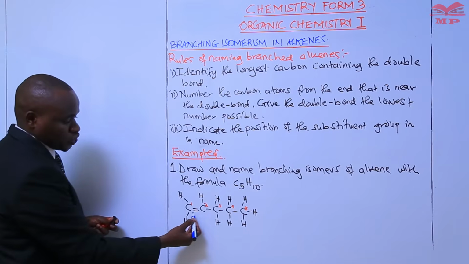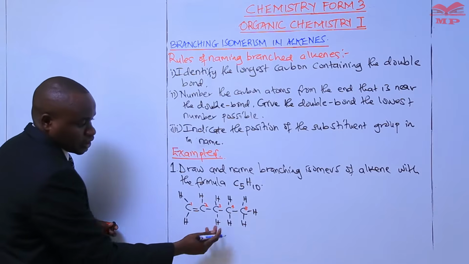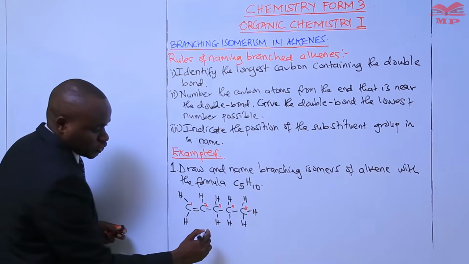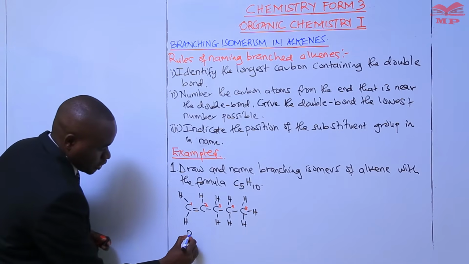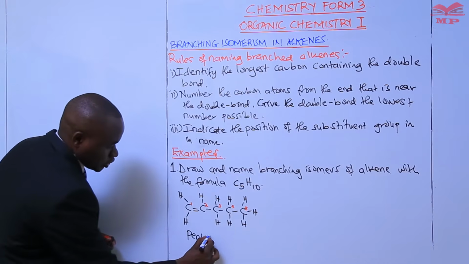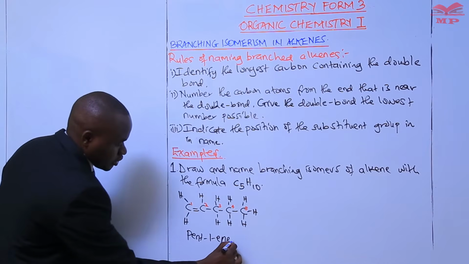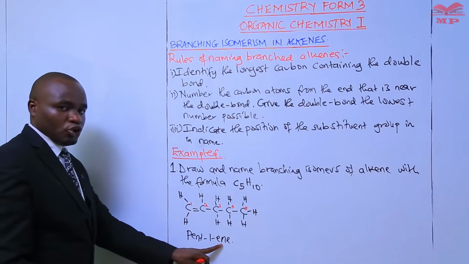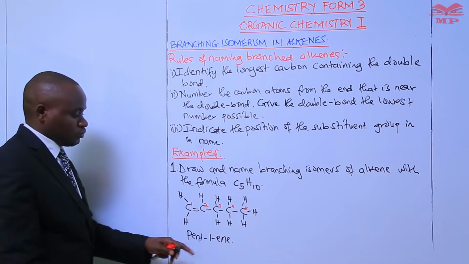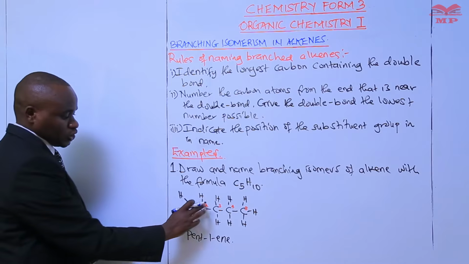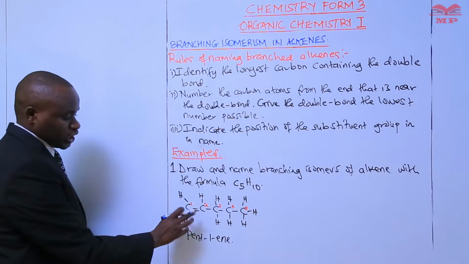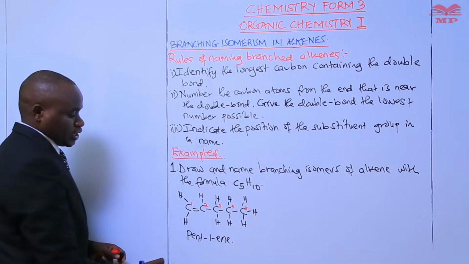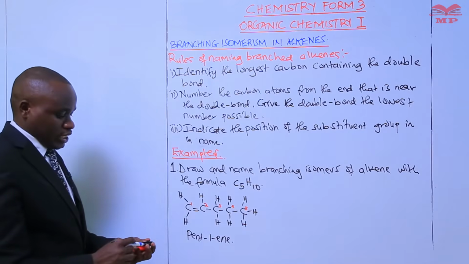The double bond is between number 1 and number 2, and the parent name is having 5 carbon atoms. Therefore, the name will be pent-1-ene. Remember, the double bond should be given the lowest number possible. So now that it is between 1 and 2, the lowest number is 1. Therefore, we get that name, pent-1-ene.